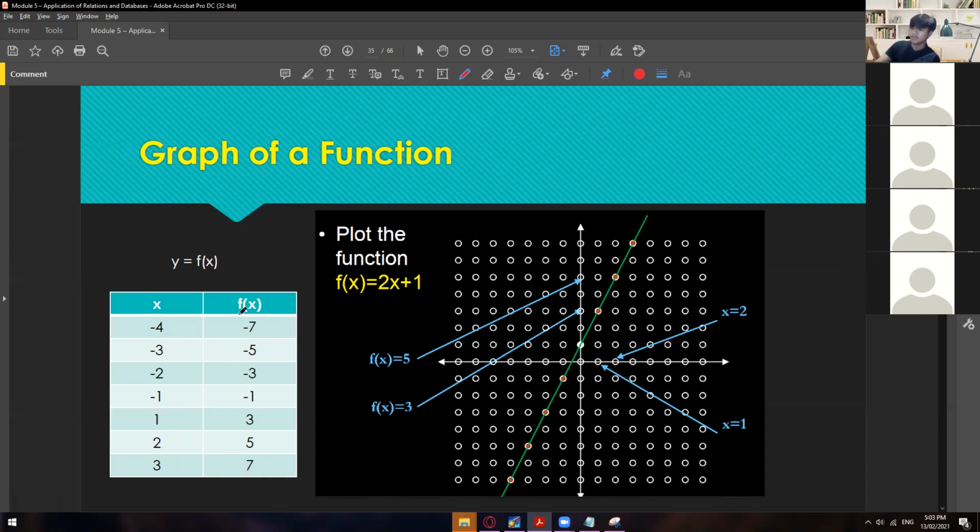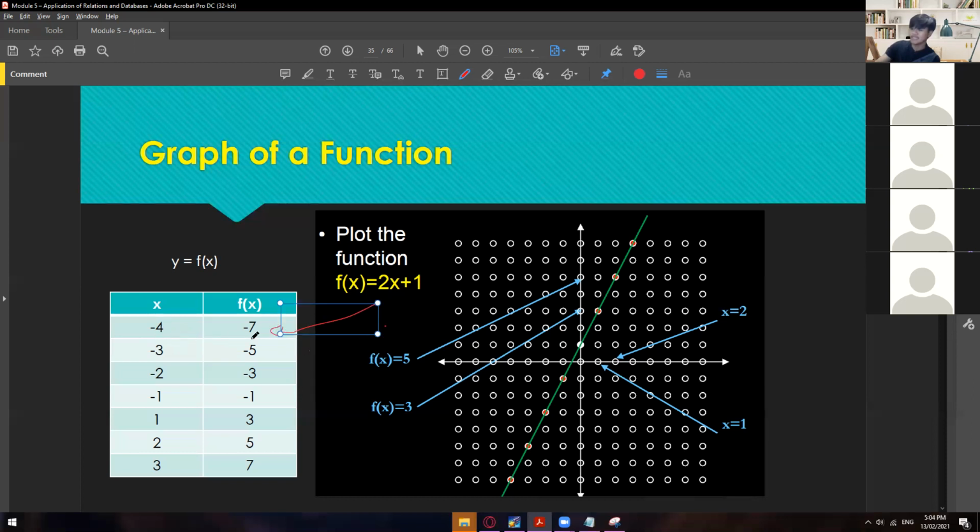And then as you can see right here, we have the f of x, which is the computed value when we substitute this negative 4 to our f of x. So if we have a value of negative 4, negative 4 times 2 is negative 8, plus 1 is negative 7. That's how we got this 7 right here. All right.